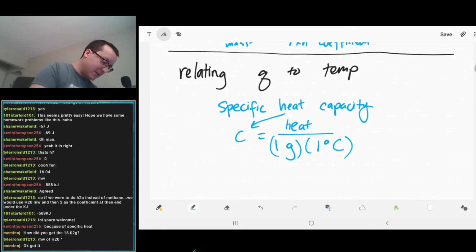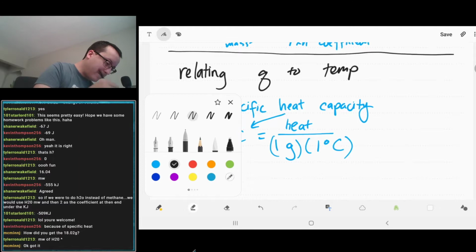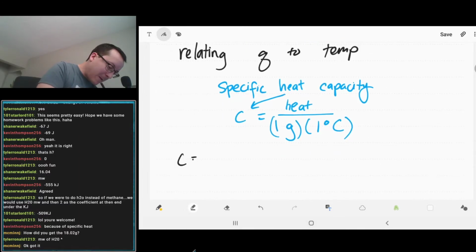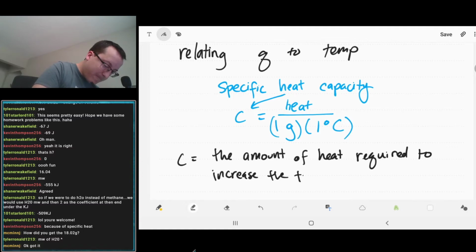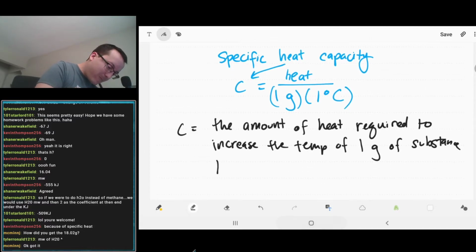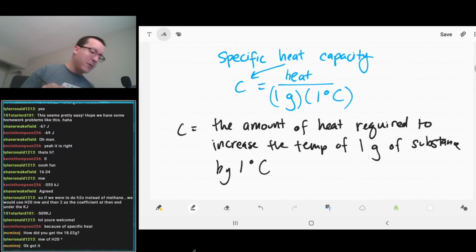So in words, the amount of heat required to increase the temperature of 1 gram of substance by 1 degree Celsius.